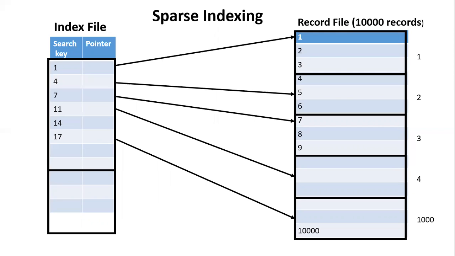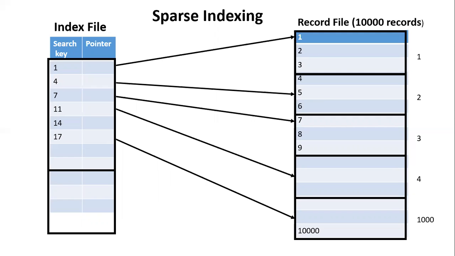Corresponding to all entries of the first block, there is only one entry in the index file, and that entry always points to the base address of the block, or we can say the first record of that block.